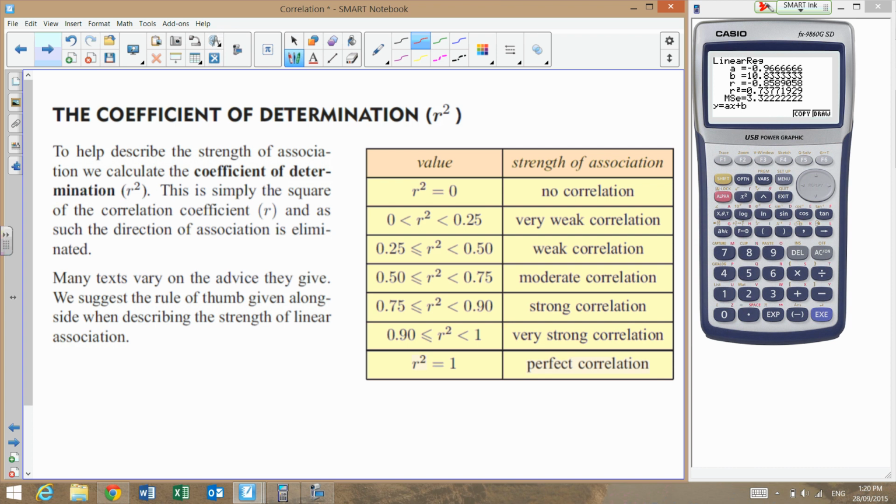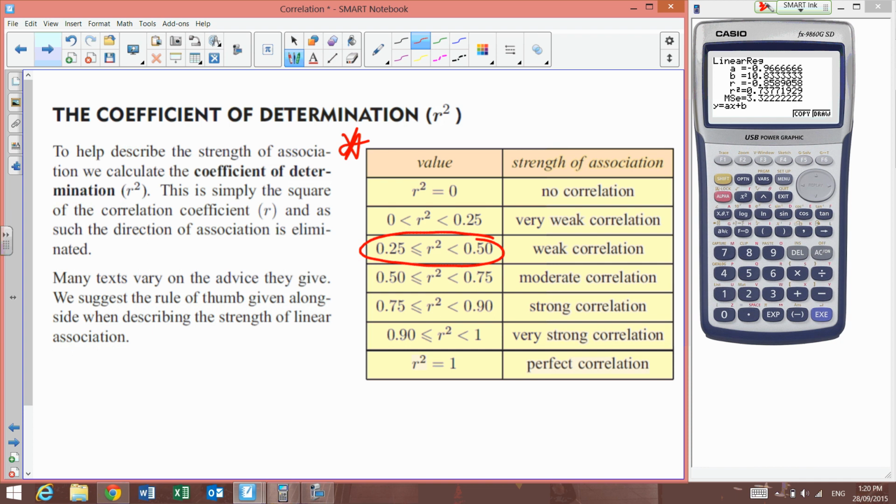Next is to look at the coefficient of determination, which is the R squared. Our Pearson's coefficient is R, and the coefficient of determination is R squared. This table is really useful to know and to have in your cheat sheet ready for your tests and exam. It tells you if a range of values lies within a certain range.